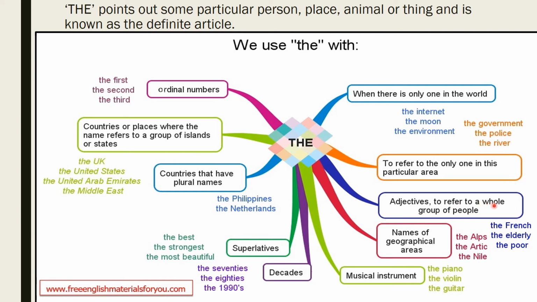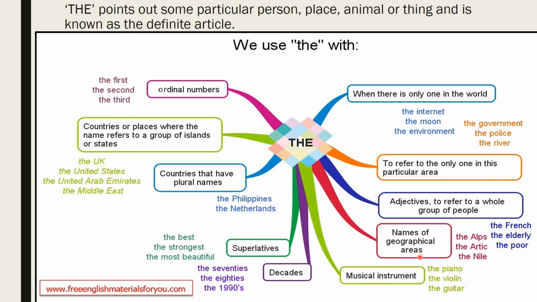Adjectives to refer to a whole group of people: the French, the elderly, the poor. We use the here. The poor means not one person, but the whole community which does not have money and is considered poor.